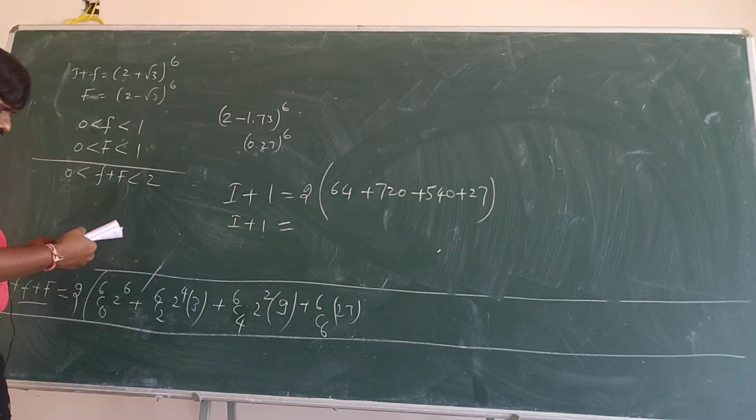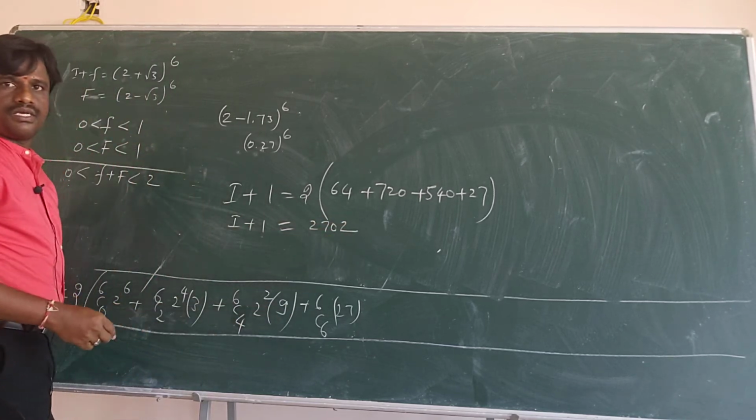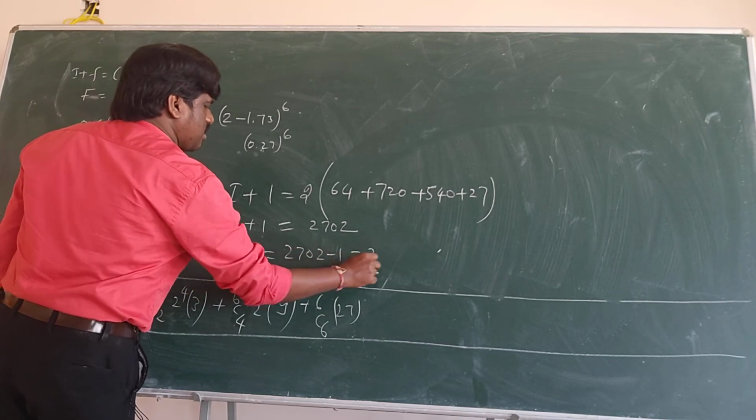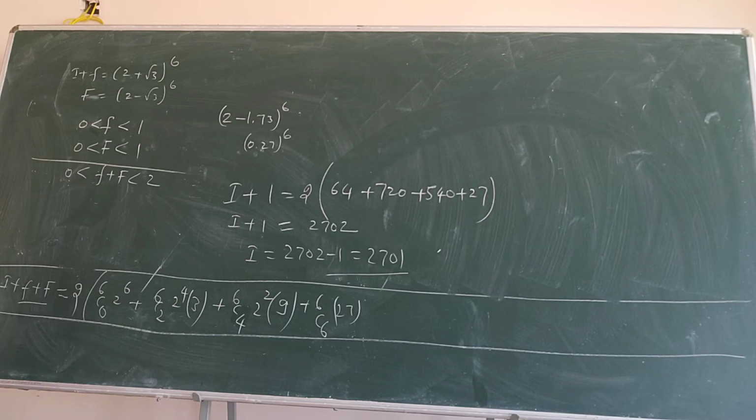If you multiply and solve this one, you get I plus 1 equal to 2702. So the I value will be 2702 minus 1, that is 2701, which is the integral part.